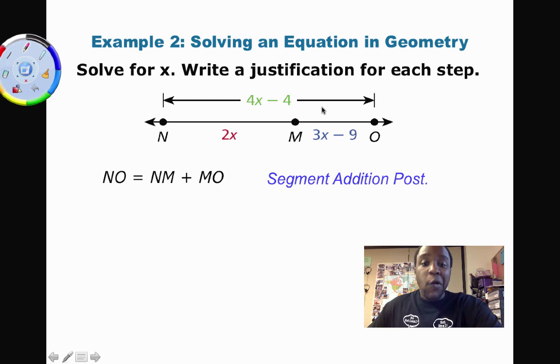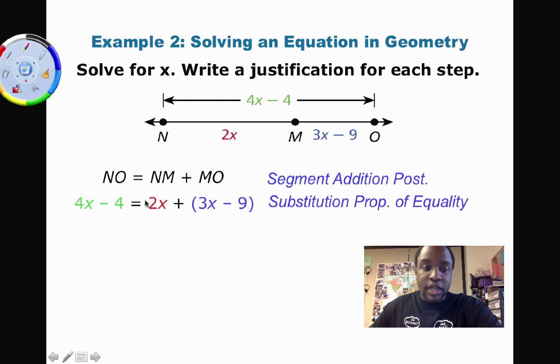So from here, we can use substitution to substitute NO equals 4x minus 4, NM equals 2x, and MO equals 3x minus 9. So we substituted in the lengths of each of these segments, and we've put in their expressions.